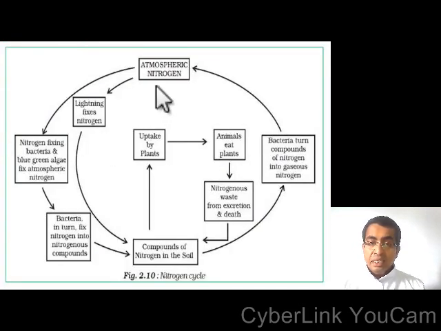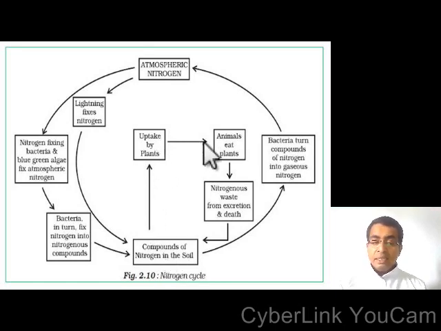Let us see once again: 78% of the atmosphere is nitrogen. Lightning can fix atmospheric nitrogen into the soil. Nitrogen-fixing bacteria and blue-green algae can also fix atmospheric nitrogen into the soil. They convert this nitrogen into nitrogenous compounds, which are present in the soil and can easily be absorbed by plants.